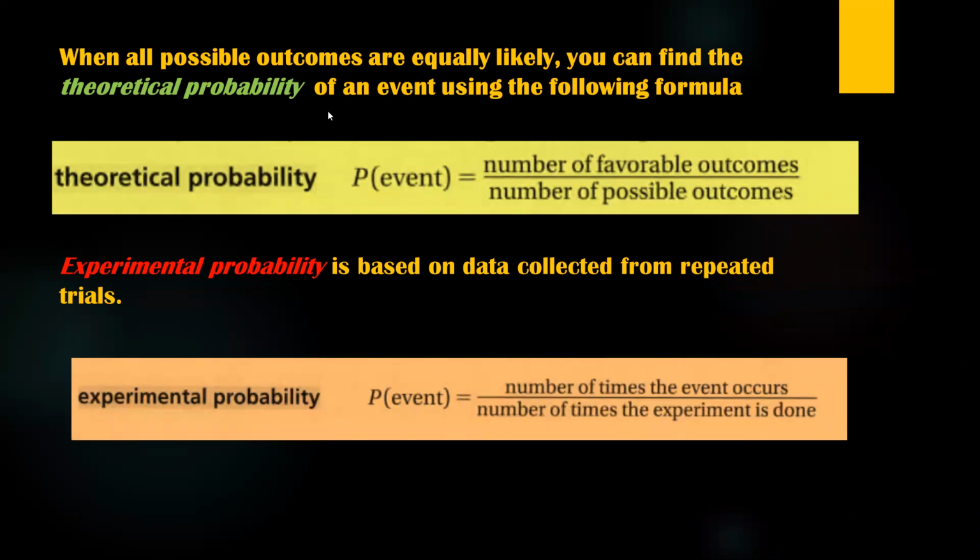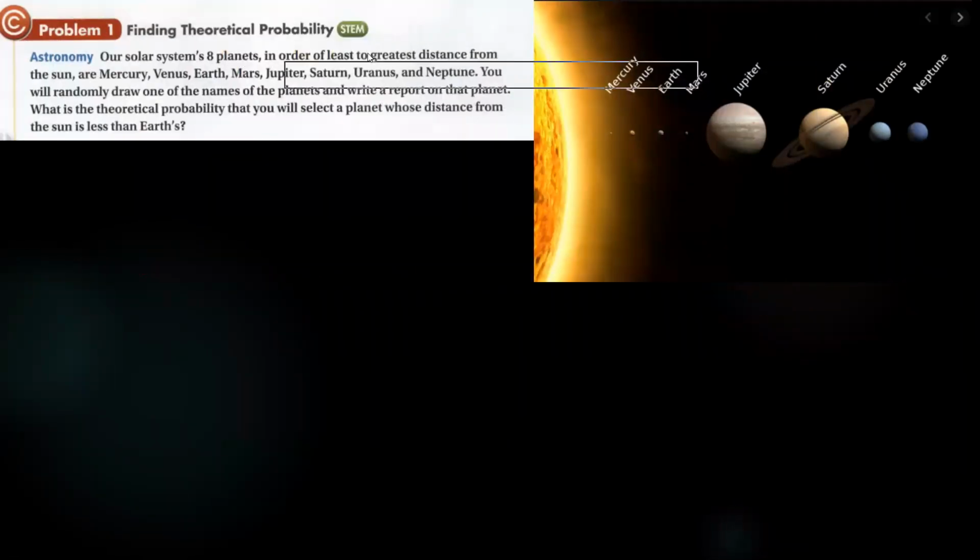Let's have now more examples in order to understand the theoretical and the experimental. Finding a theoretical probability. We know that our solar system has 8 planets.